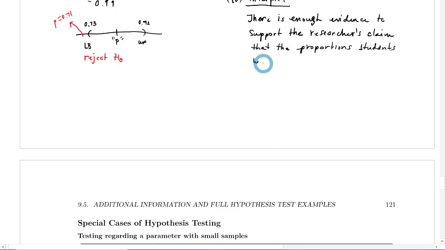I mean, we don't know what it is, like if it's greater than or less than, but we just know it's different than the 71% from the US Census data.